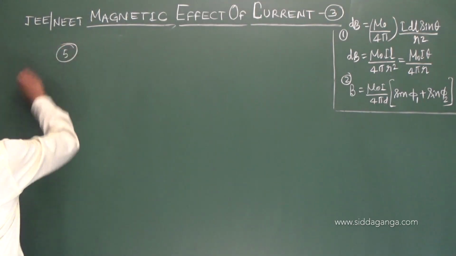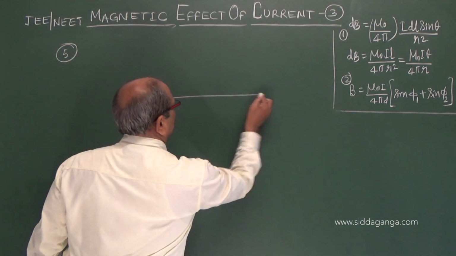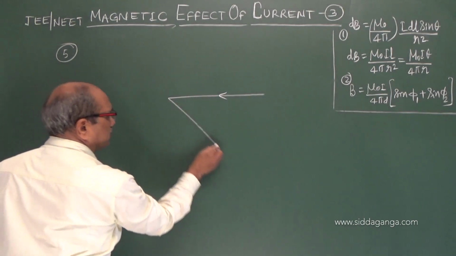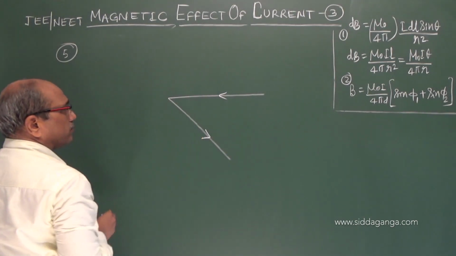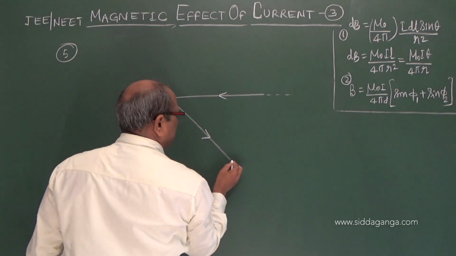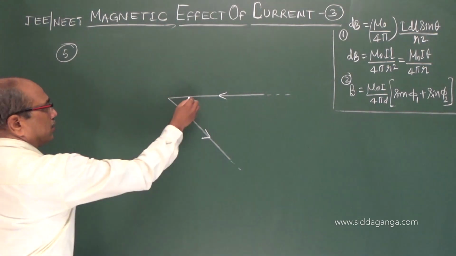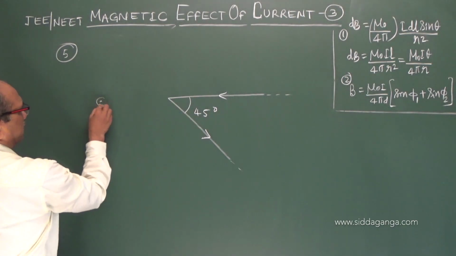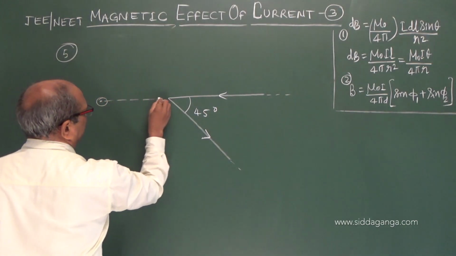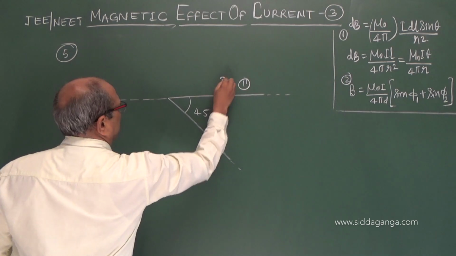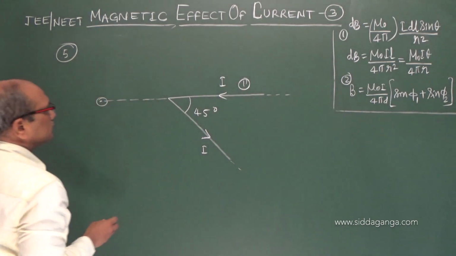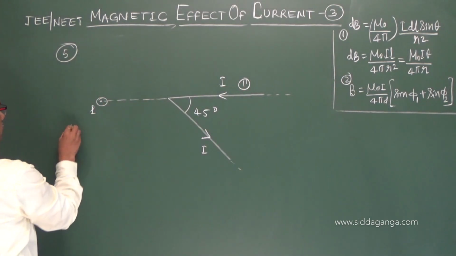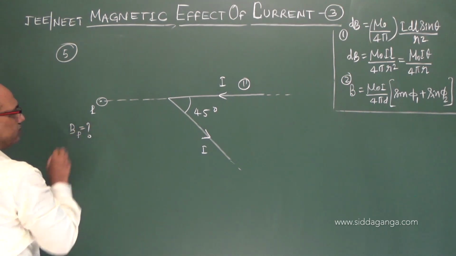So let us take the question: the current flows like this, and this may run to infinity on the other side. This angle is 45 degrees. At a point on the first line, which I call 1, the current is I. At the point P, you want to find the magnetic field.